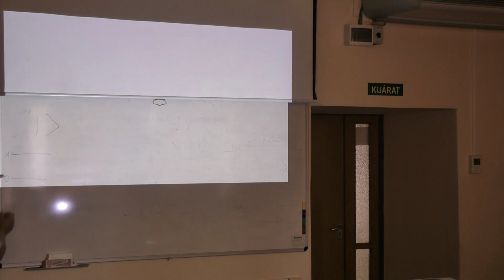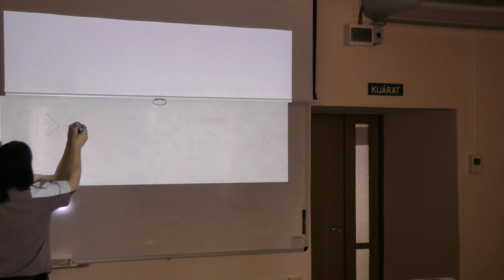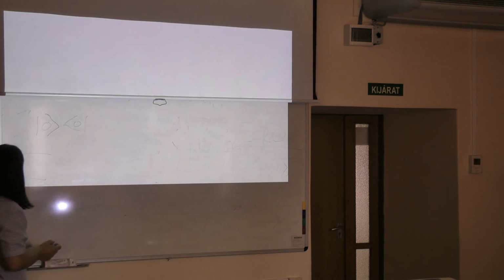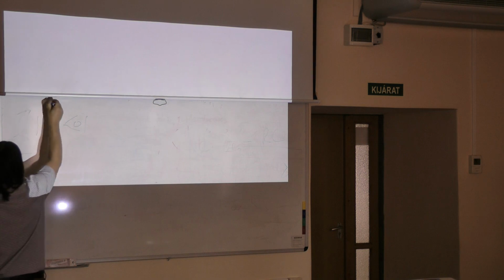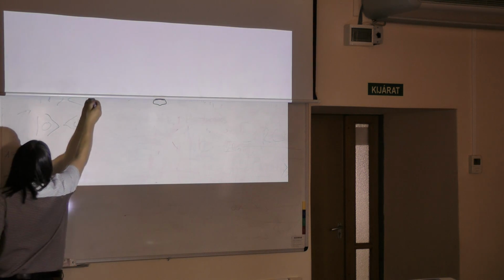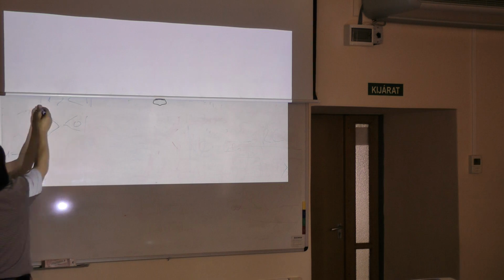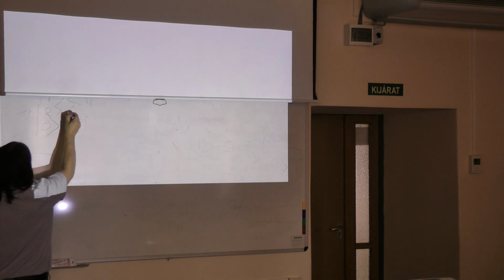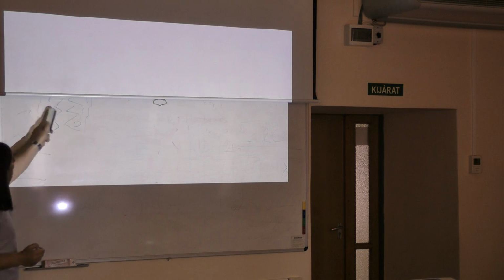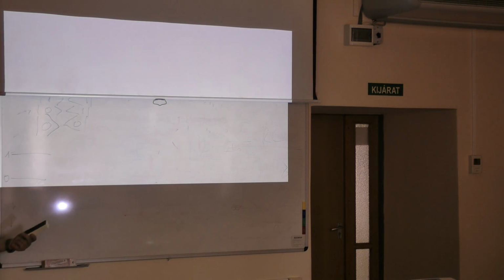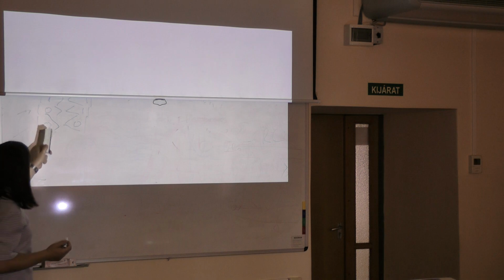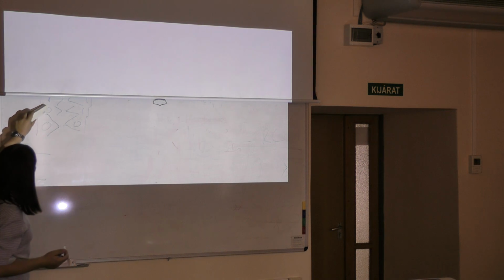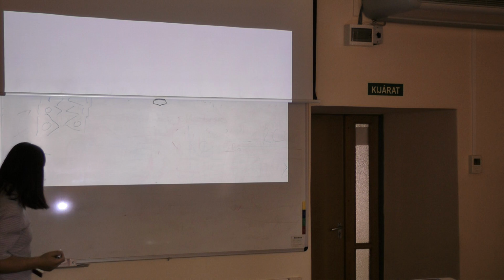One level is called the zeroth, the ground level, and one excited. When the system is in the ground state, this is the density matrix. When the system is in the excited state, the density matrix is like that. But the system can be in something intermediate like this, which is a coherent state. All right? The ket of one state with the bra of the other state.